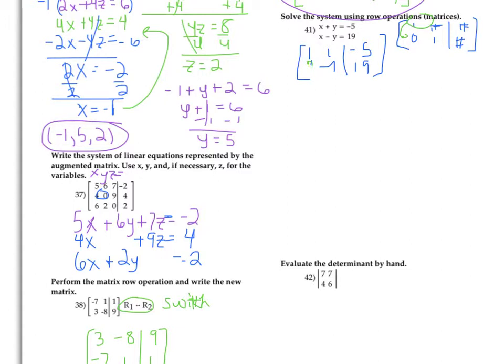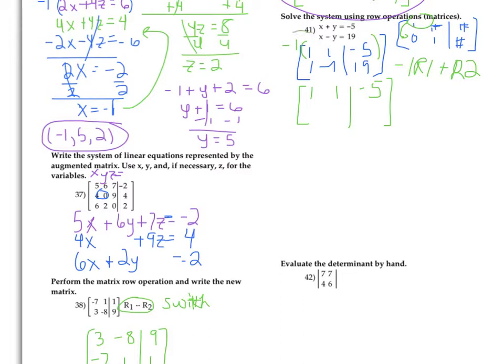And so to do that, we can multiply row 1 by a negative and add it to row 2. So that's what we're going to do. -1 row 1, we're going to add it to row 2. And this is kind of like elimination, where we have to multiply this by something and then add it to something else. So when we do this, the first row does not change.